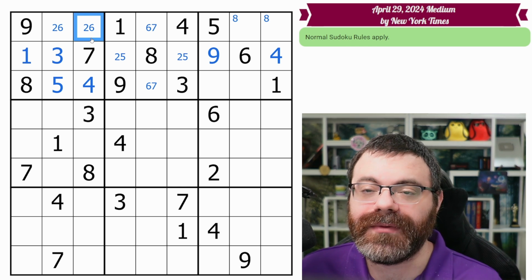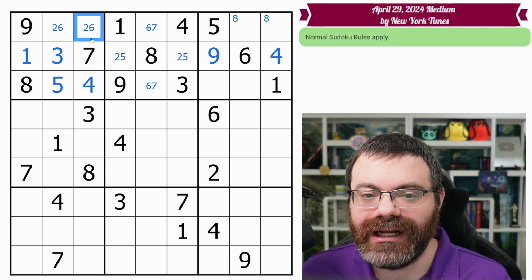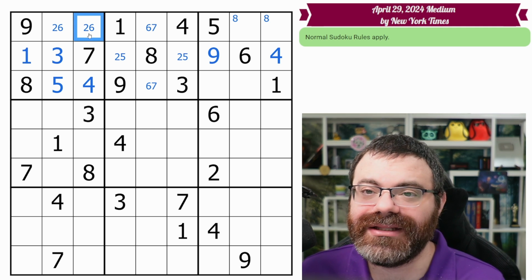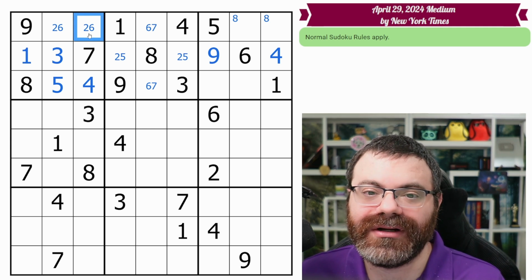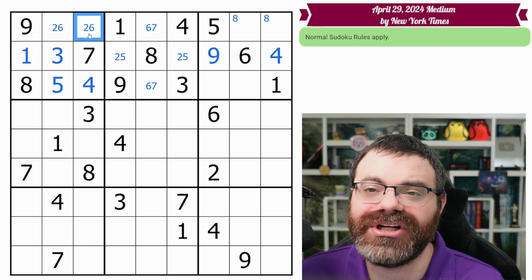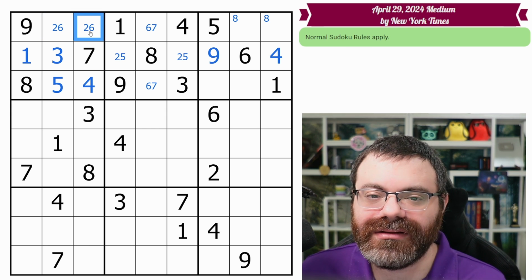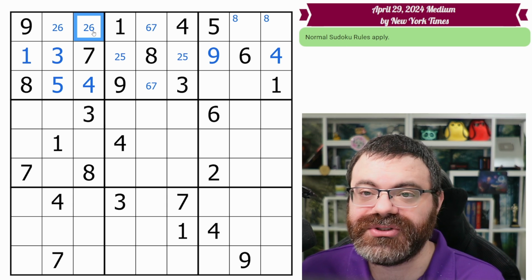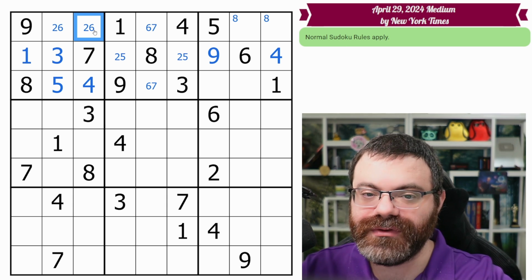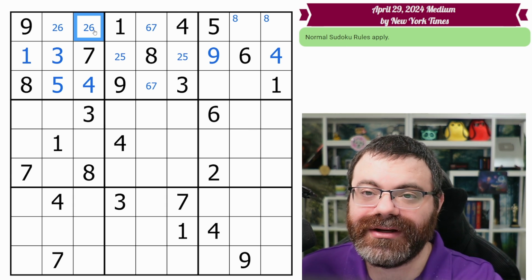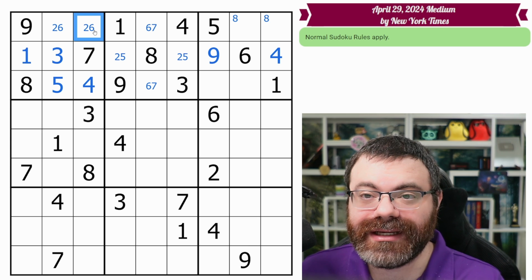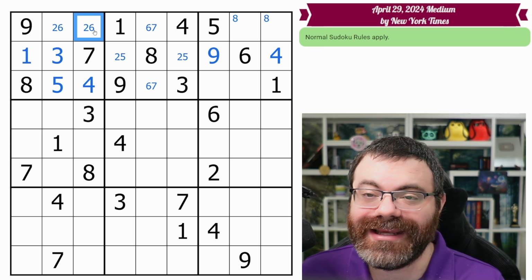And I only ever center mark if it's 3 or fewer, ideally. Sometimes I'll do more if I get desperate. But generally, rule of thumb, 3 or fewer. And so this cell in the final solution will only be a 2 or a 6. If you overlaid the solution here, this cell here, guaranteed is a 2 or a 6. I don't know which one, but it's one of those 2. It can't be anything else.